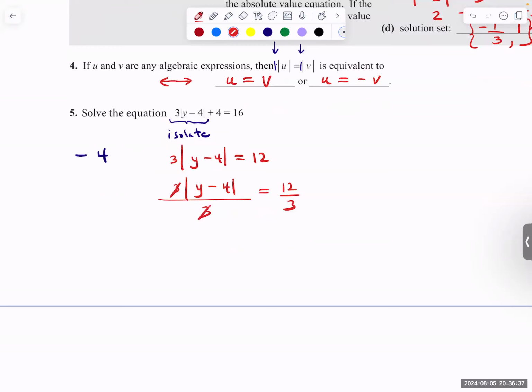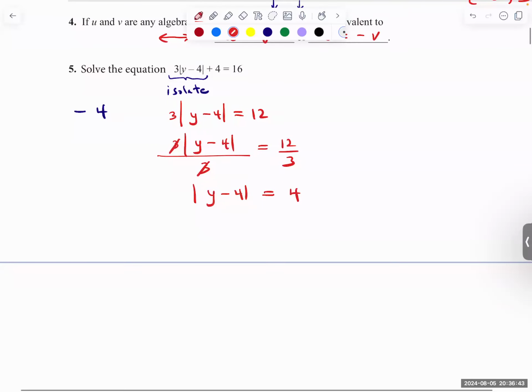So now we have absolute value equal to 4. This can be solved by writing the equivalent compound OR statement. Argument equals positive 4, or argument equals negative 4.